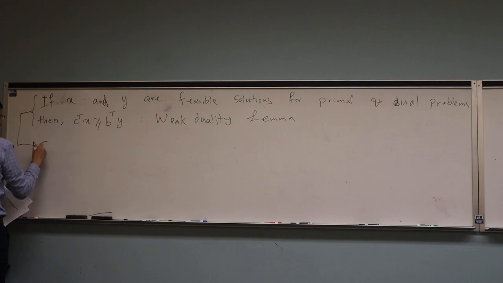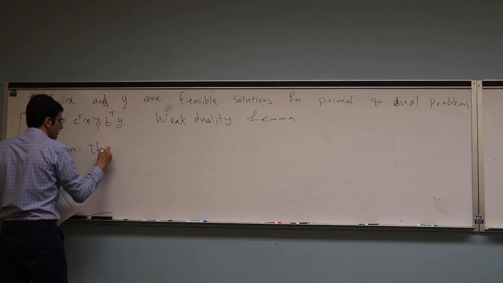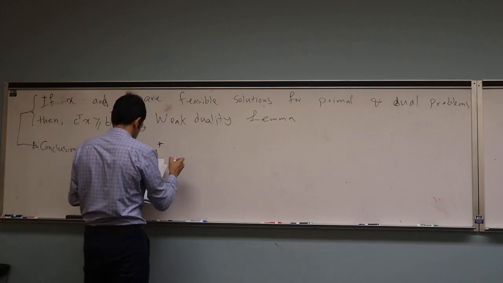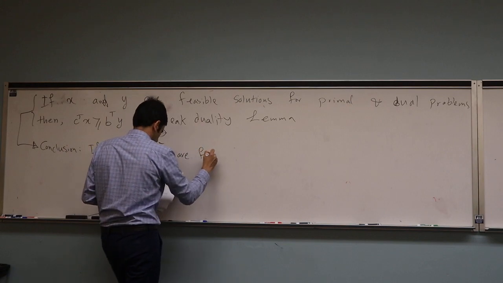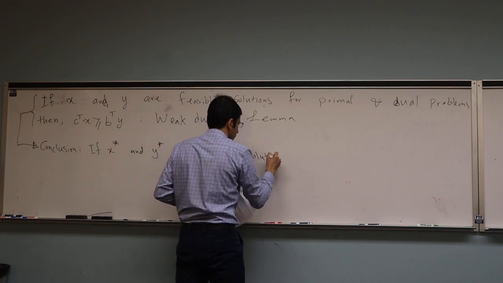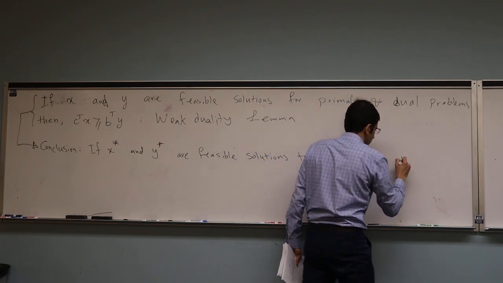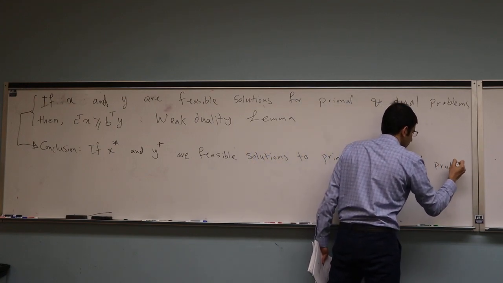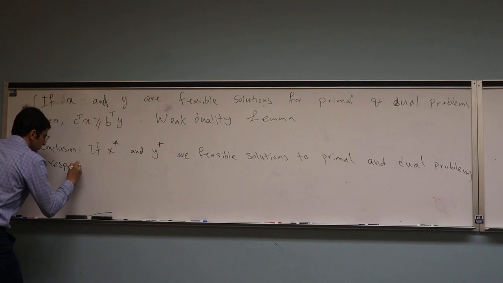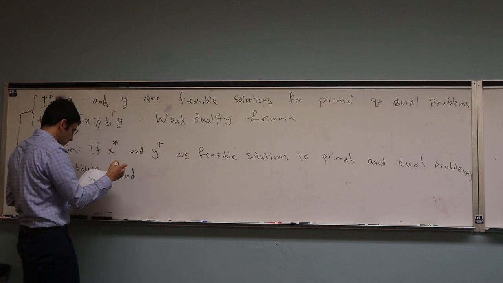So the conclusion from this lemma is if x star and y star are feasible solutions to primal and dual problems respectively, and, so there are two rules.